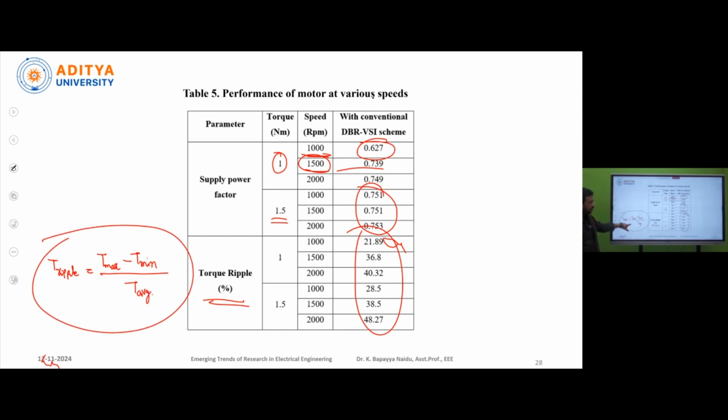This is the formula for calculating the torque ripple. Okay, from these results we can say that whenever you are using this conventional control, we have poor power factor and high torque ripple. Okay, these are the main limitations of this conventional control scheme.